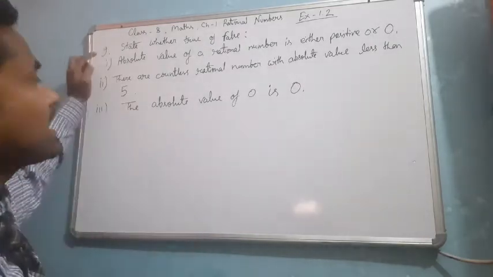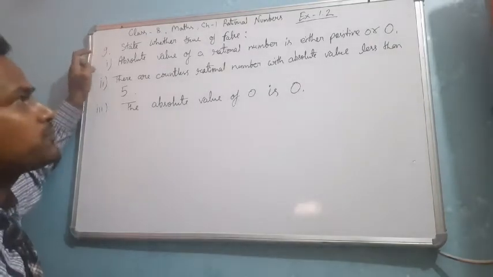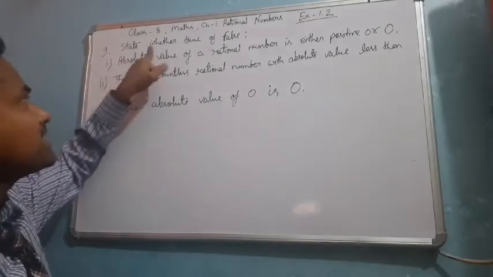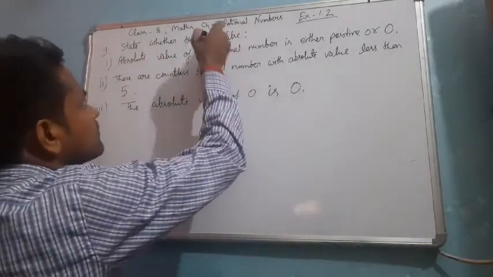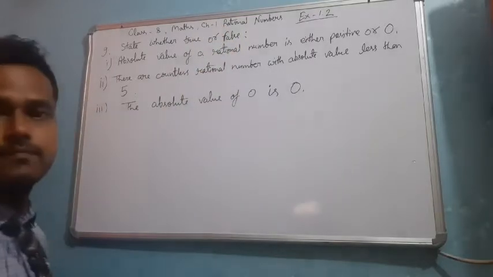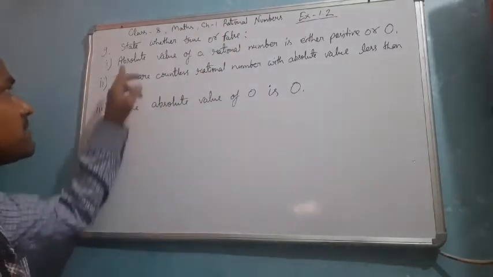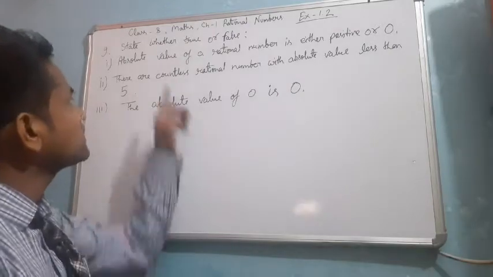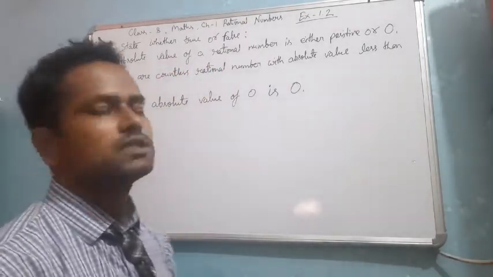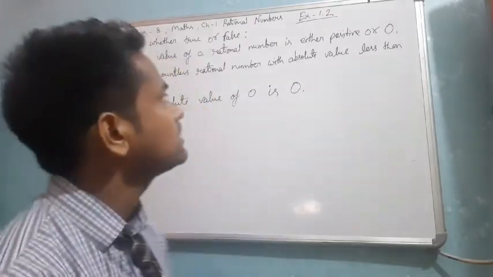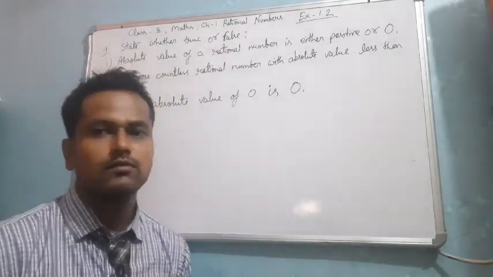Now, the last question of exercise 1.2. State whether true or false. The first statement is that the absolute value of a rational number is positive or 0. Is it right or wrong?